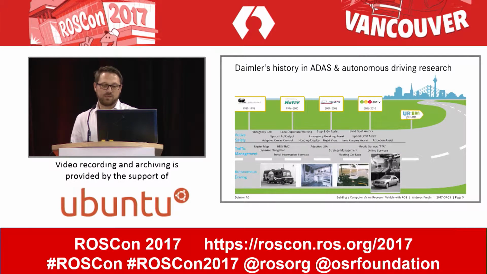Our research has mainly autonomous driving in mind, so I thought a quick little history about Daimler's path on autonomous driving would be interesting. The Daimler corporate research has been participating in public research projects for 30 years, and as far as I know, autonomous driving at Daimler started with a research vehicle called VITA.